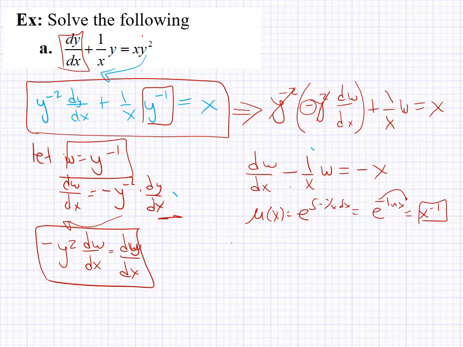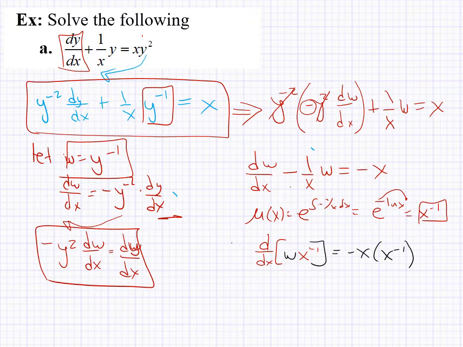So we can skip to the step where we have the derivative of, in this case not y, w times mu equals f of x times mu of x.